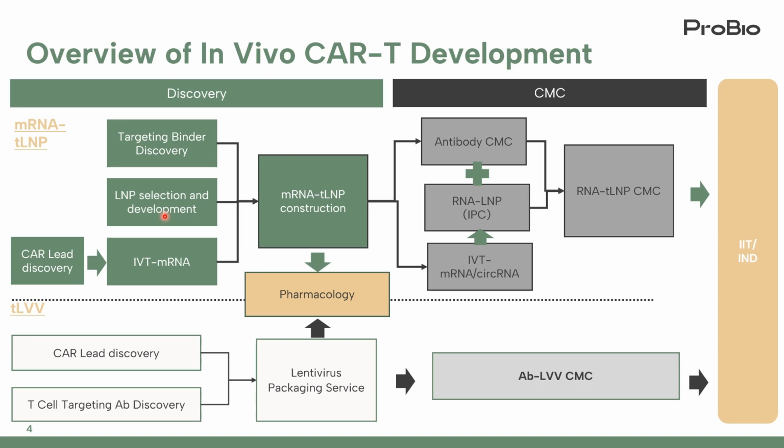After pharmacology profiling, the final candidates will go through the CMC process. Again, the LVV approach is relatively simple, while the LNP approach consists of three CMCs, one for antibody, one for mRNA LNP, and one for the conjugation process.